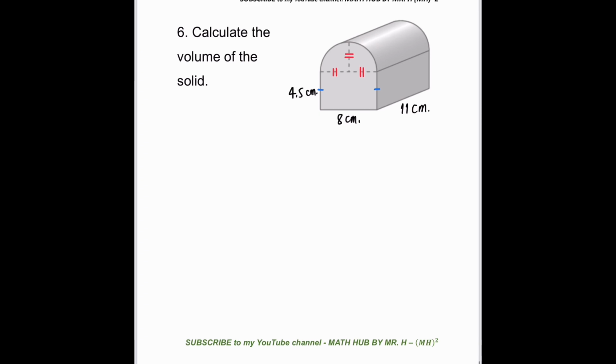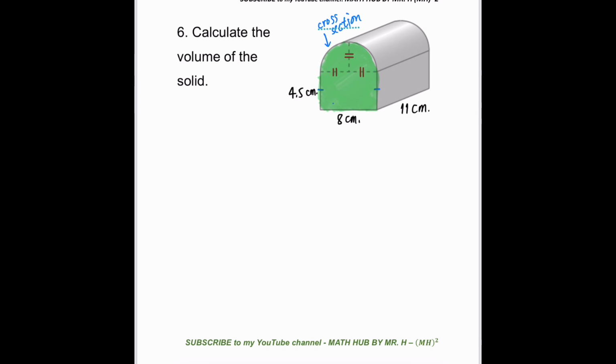Calculate the volume of the solid. To calculate the volume of this, we're actually going to apply the cross section again here, right? So you can see this one, which is actually the cross section. And if you take a look at the cross section, it is composed of a rectangle and a semicircle.